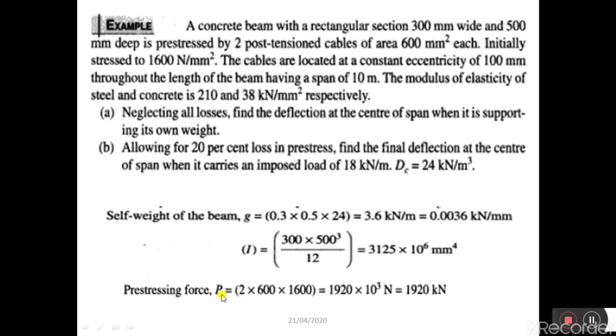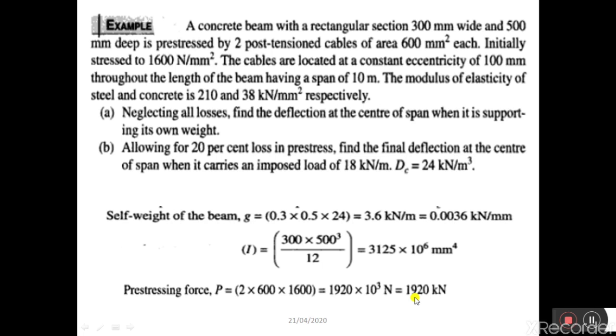We know stress is equal to force by area, then force is equal to stress into area. So by using that concept, 2 means 2 cables, 600 is the area of each cable into 1600 is the stress induced in each cable. Therefore, the total pre-stressing force induced into the 2 cables is equal to 1920 into 10 to the power of 3 Newton, or 1920 kilonewton.